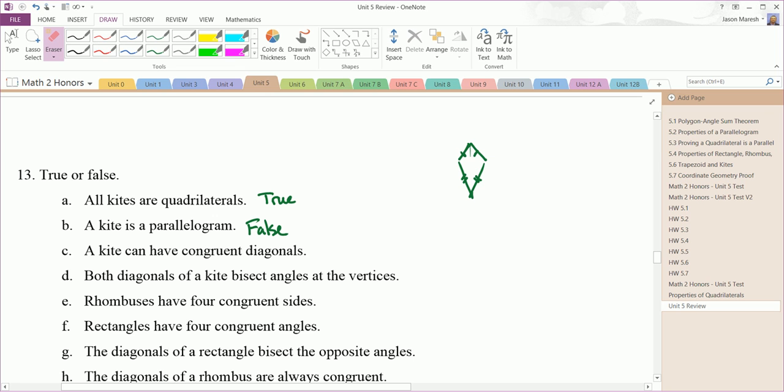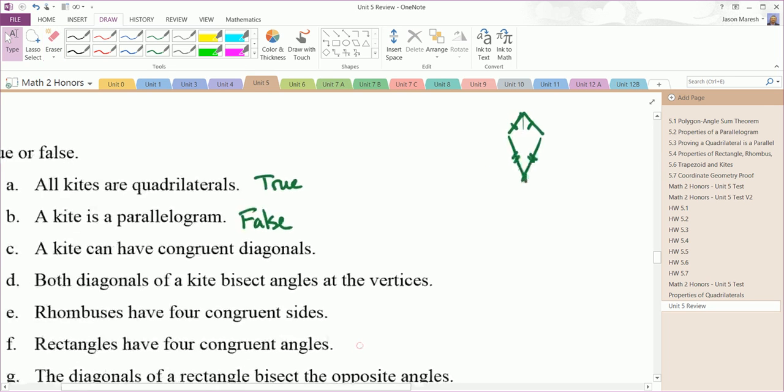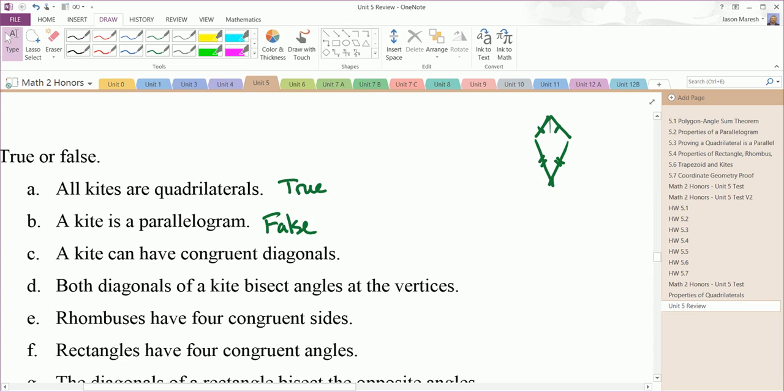Part C, a kite can have congruent diagonals. So consider the case where we get congruent diagonals, something like this. Say both were length of 1, and they didn't bisect each other.